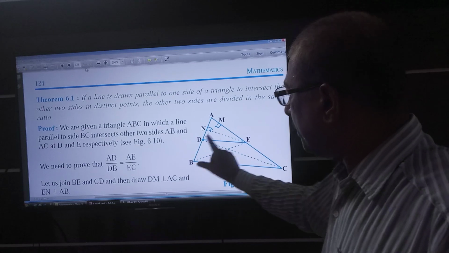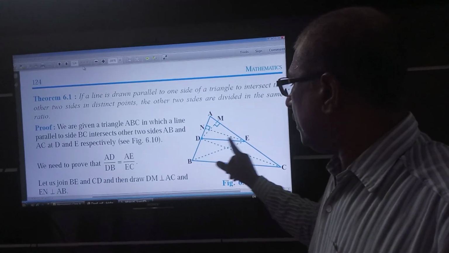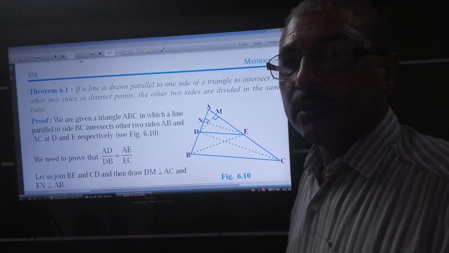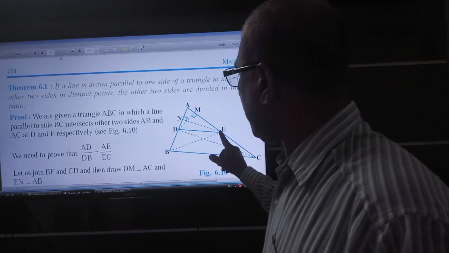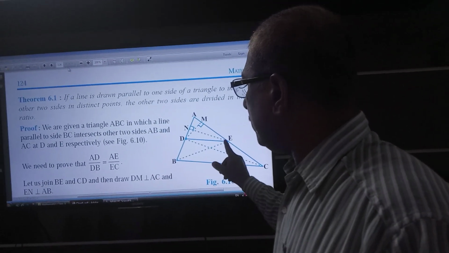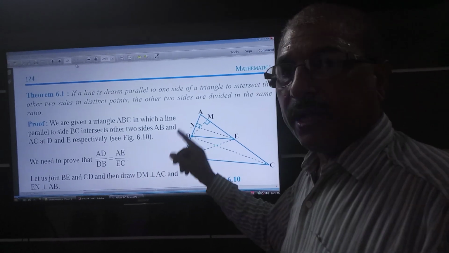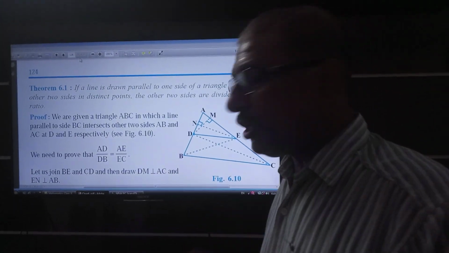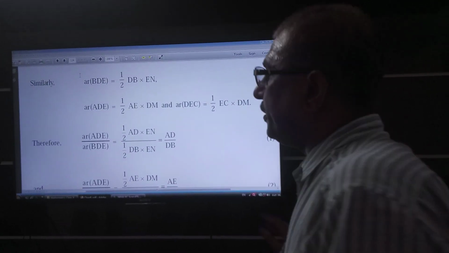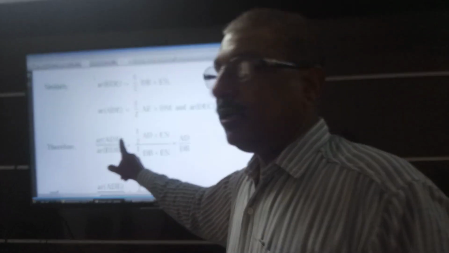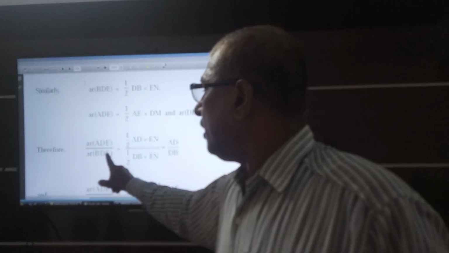Can you see in this triangle DB is involved, and in ADE, in this triangle AD is involved. Okay, children? So we will consider two triangles ADE and DBE. Just see the two triangles and their areas. So what will you get, children? Now we are considering the triangle ADE and triangle BDE.